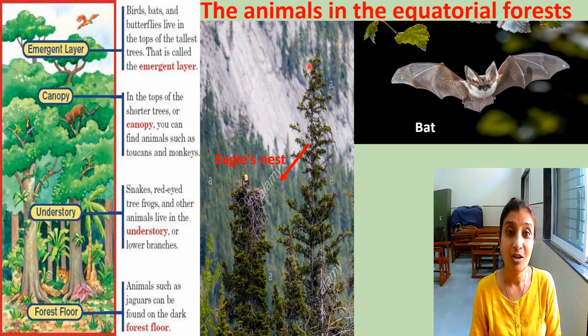Now children, we will look at the animals in the equatorial forest. The climate here is warm and the variety of vegetation makes life suitable for different kinds of animals.